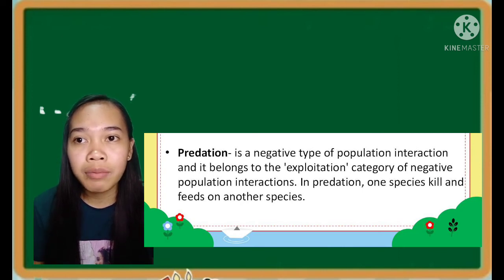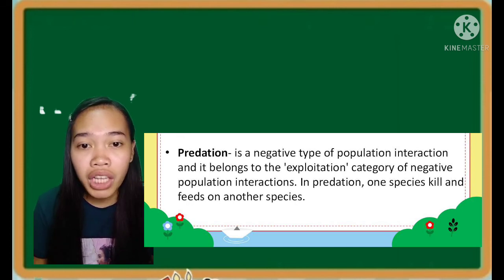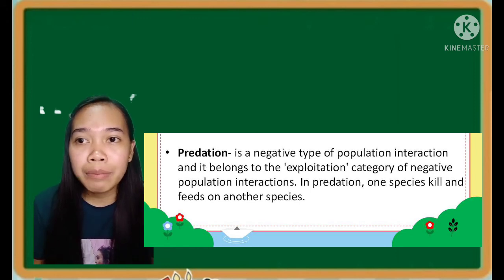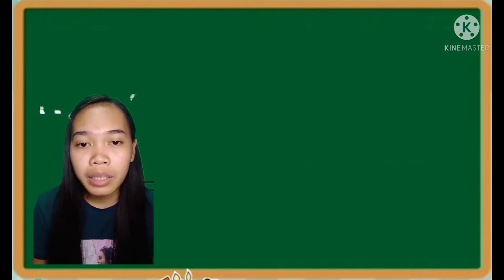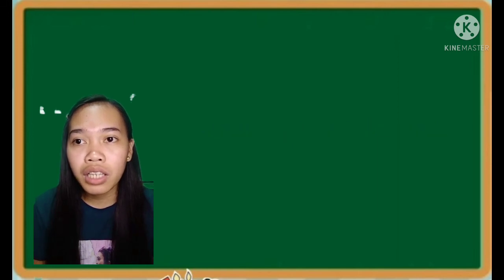Predation is a negative type of population interaction, and it belongs to the exploitation category of negative population interactions. In predation, one species kills and feeds on another species. The killer species is called the predator, and the one that is killed is called the prey. The predators are usually larger and more powerful than prey.